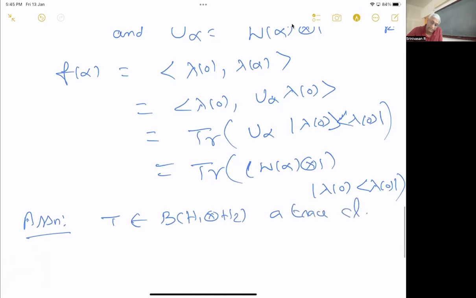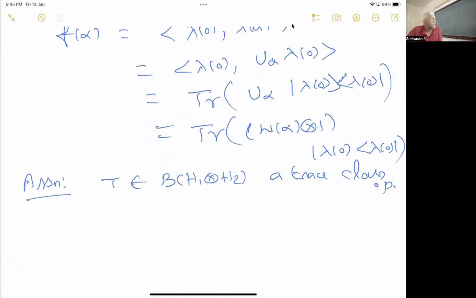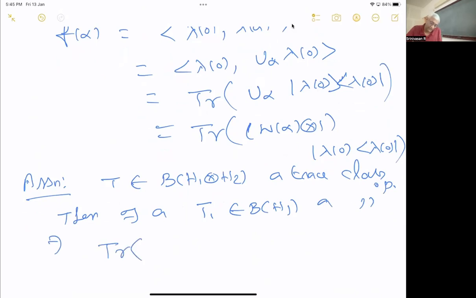Then there exists, actually it is unique, a T1 in B of H1, again a trace class operator, such that the following is true: the trace of X T1, which is the trace on B of H1, is equal to the trace of X tensor 1 times T. This is the partial trace.